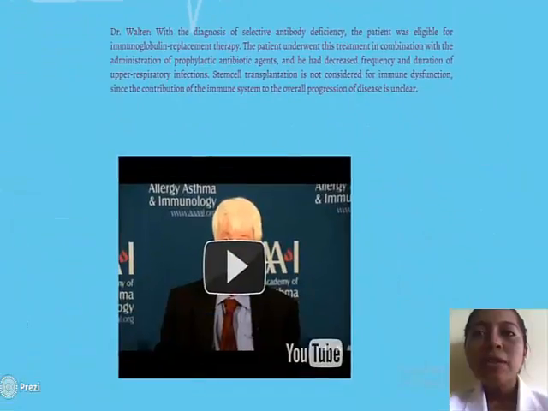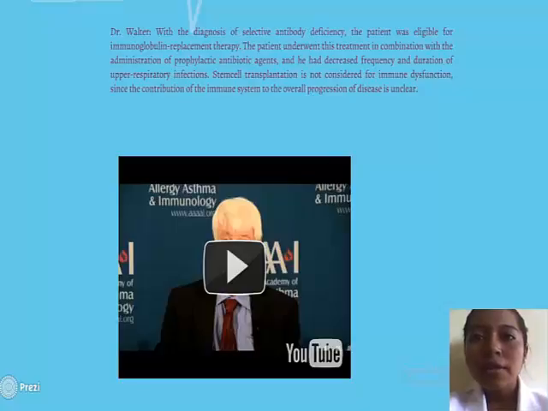Dr. Walter with the diagnosis of selective antibody deficiency, the patient was eligible for immunoglobulin replacement therapy. The patient underwent this treatment in combination with the administration of prophylactic antibiotic agents, and they had a decreased frequency and duration of upper respiratory infection.